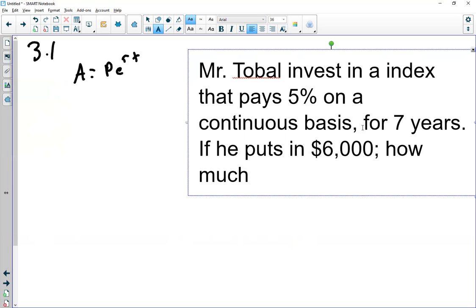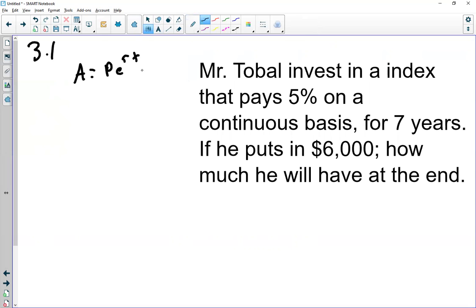Again, you don't have to actually write the problem. But in terms of identifying things, they're almost very similar. The only thing is, notice I say continuous compared to once every so often. So because of that, A is still a mystery. That's my end amount. P is what I start with, which is $6,000. My rate is still my rate, which is 5%. I got to change that to decimal, so 0.05. T is how long it's going to be, which is 7 years.